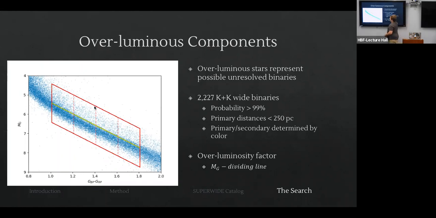So I mean, we kind of fit it to the point where the main sequence was the straightest, which was in this area here. You could put this line anywhere. You could put it down here, and you would still get the same result. Yeah, so it's an arbitrary line.